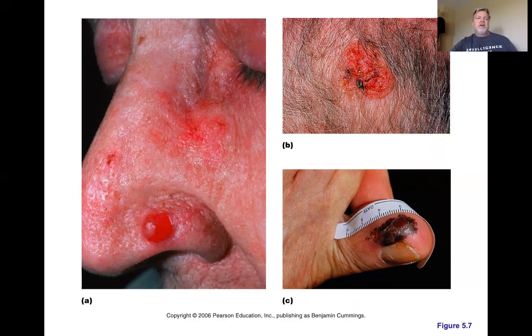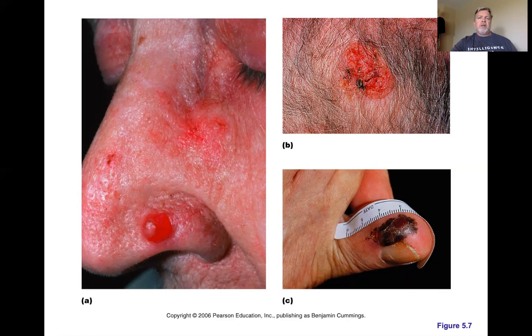Now, my pictures here are the three types of skin cancers. My first one, picture A here on the side of this man's nose. This is a basal cell carcinoma. Remember the basal layer? That's the deep layer where we have most of the mitosis taking place in our skin. So this one is the least malignant, and it's the most common skin cancer.